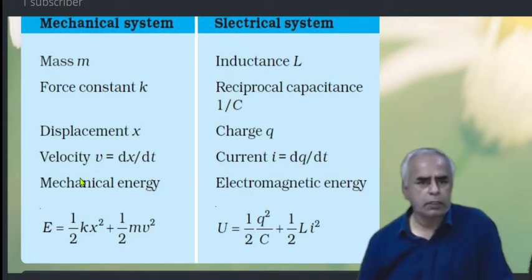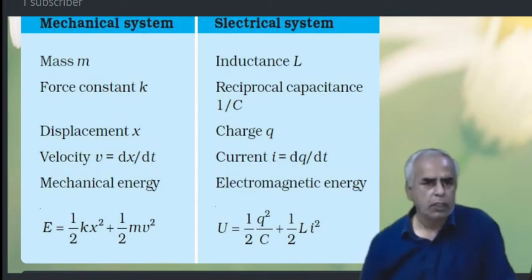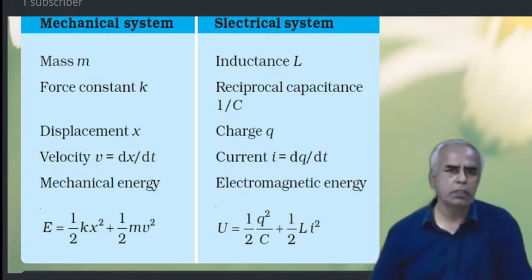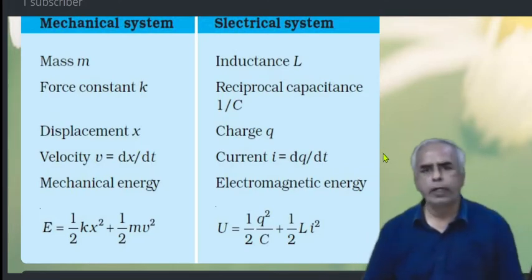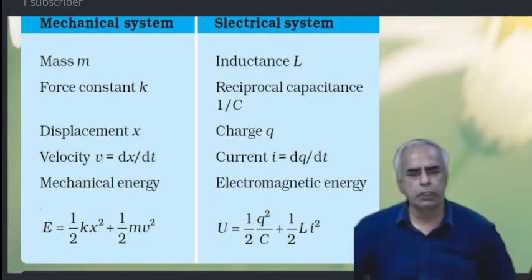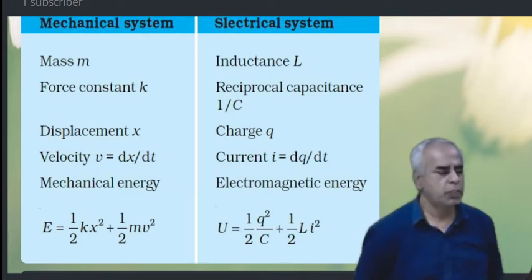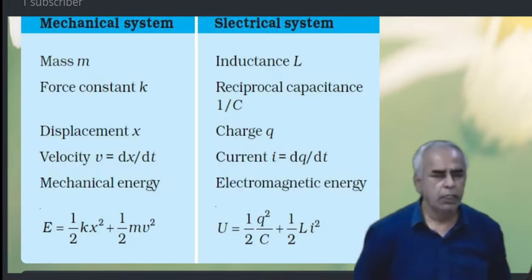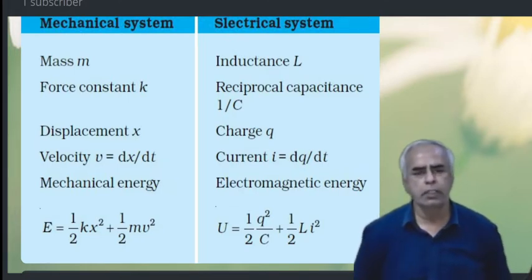So velocity is the displacement taking place in a given time, that is dx by dt. Okay, so velocity is the instantaneous displacement in the shortest interval of time, is it not? Whereas current is the equivalent term for velocity. I is given as the rate of flow of charges, dq by dt.